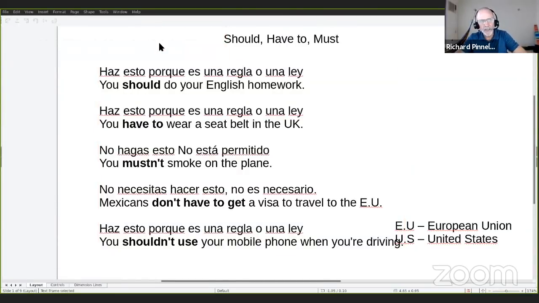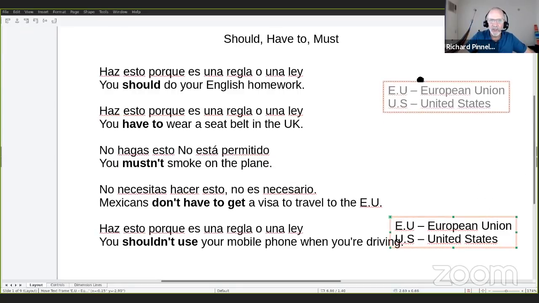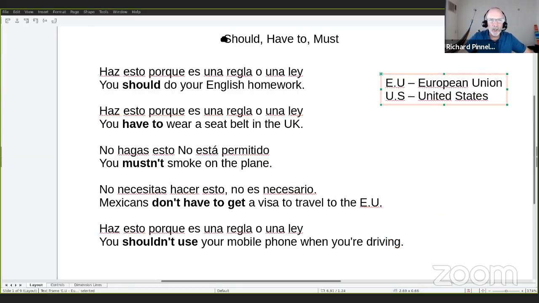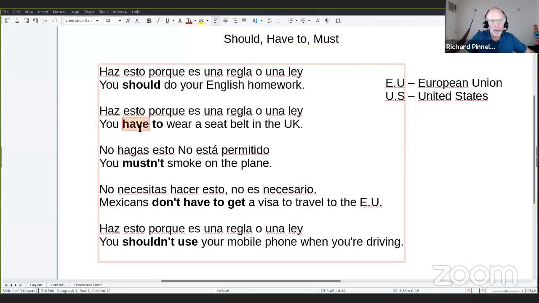Básicamente tenemos aquí ahora las reglas de esos verbos. Should y must son verbos modales, son verbos auxiliares. Y el otro, have to, no es un modal verb, pero es una expresión, es como tiene que en español. Funciona como un verbo auxiliar.